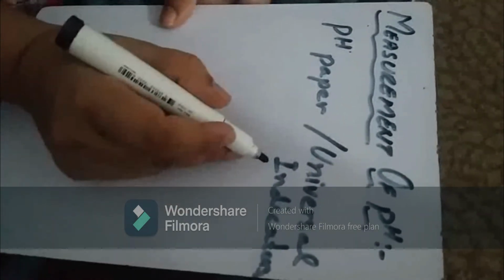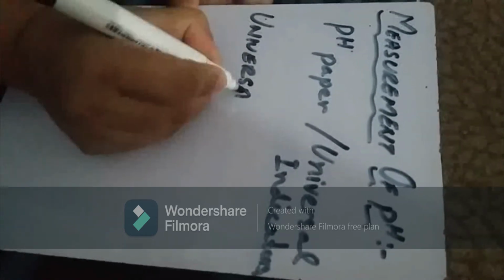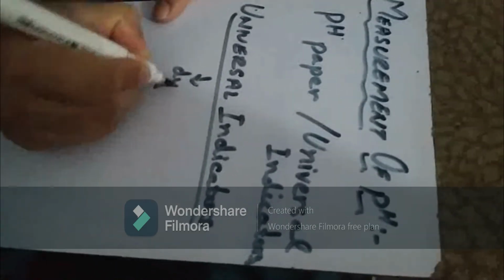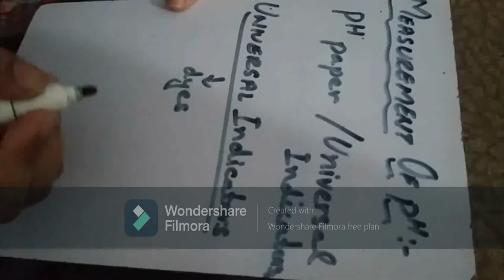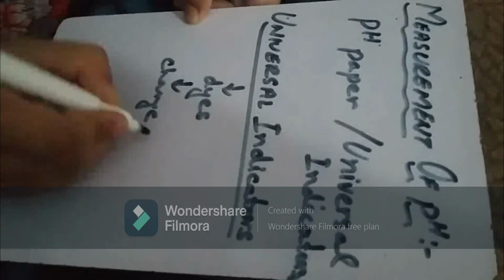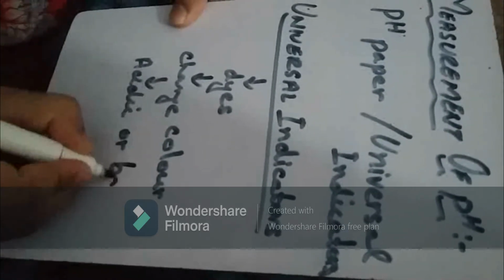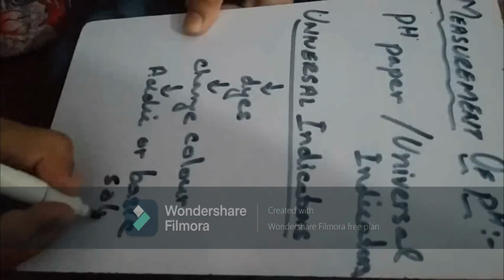Right? What do we mean by universal indicators? In fact, universal indicators are dyes, and they change their color in acidic or basic solutions.